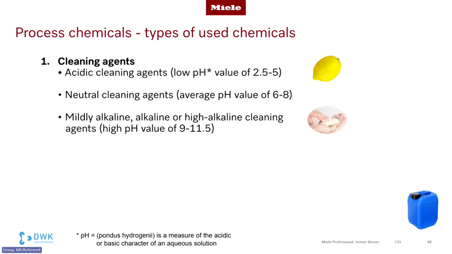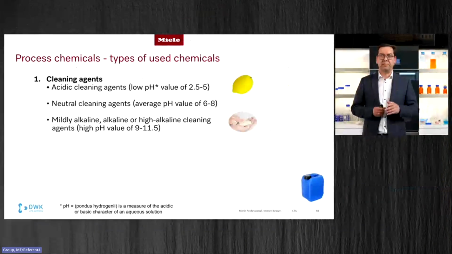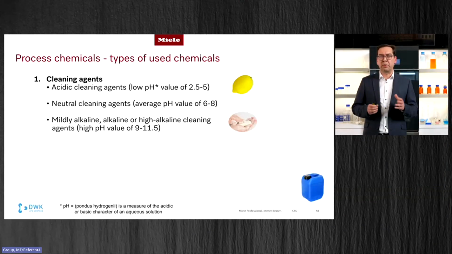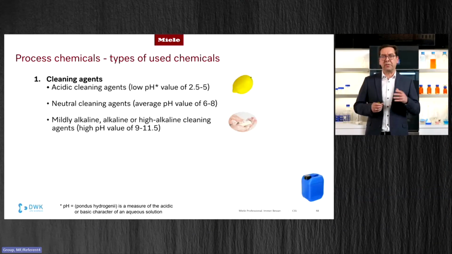Starting with acidic cleaning agents, these are based really on acids, and they're used when you want to reprocess and remove, for example, lime scale from glassware. You know that from your kettle at home probably, or your coffee machine, where from time to time you also have to use an acidic agent to get rid of the lime scale.